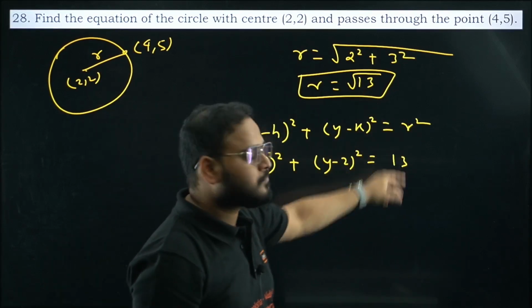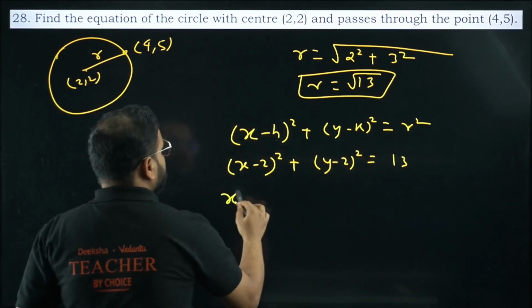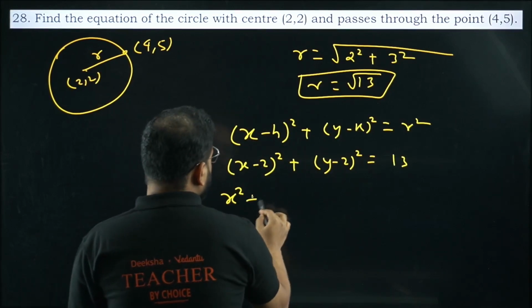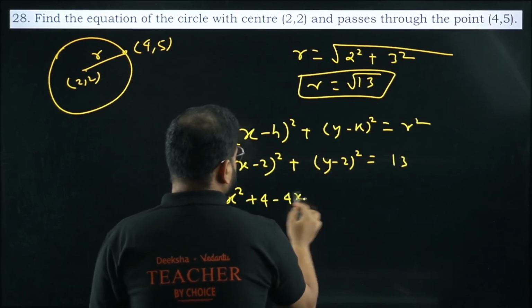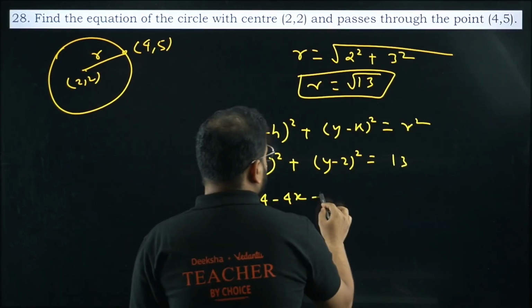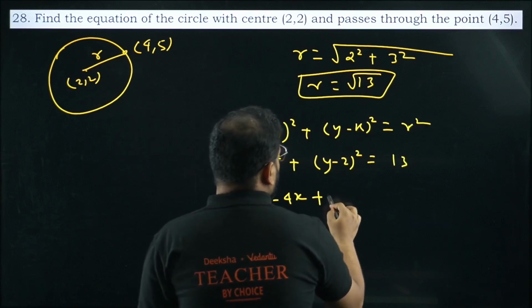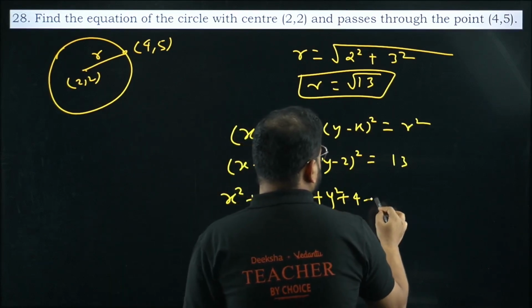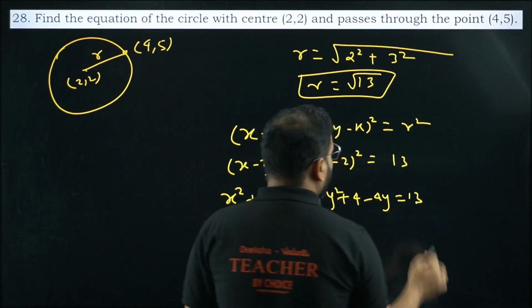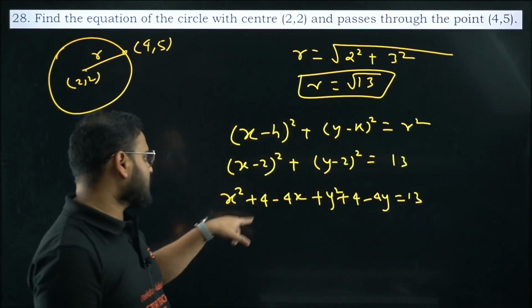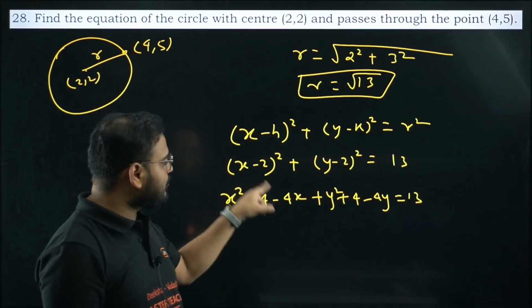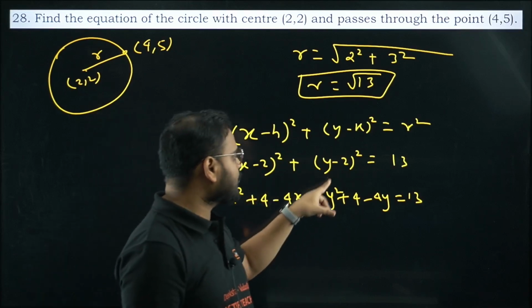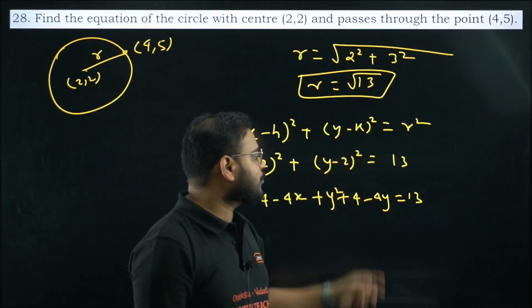Please check here. Alright. So I get x square plus 4 minus 4x. Again I have y square plus 4 minus 4y equals 13. Agreed? x square, 2 square, minus 2 into 2 becomes minus 4x. Same way, y square, 2 square is 4, minus 2 into 2 is minus 4y.